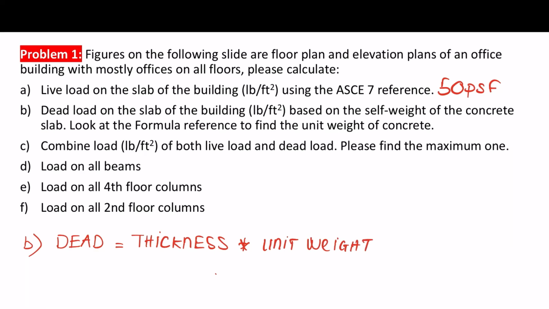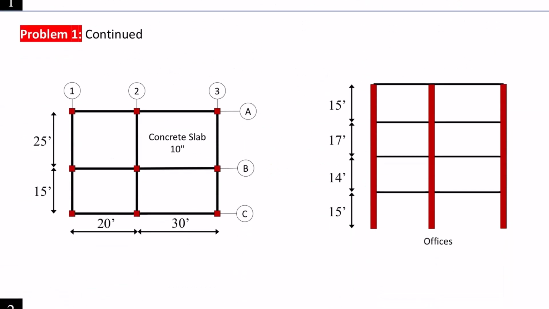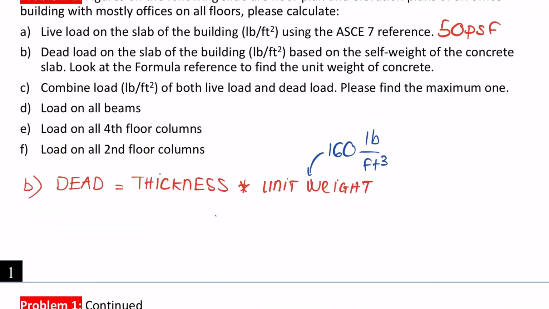And we know the unit weight from the reference is 160 pounds per cubic foot. And then the thickness, we can check at the bottom. We see that the thickness is 10 inches. So if we plug in 10 inches, we let 10 multiply by 160.